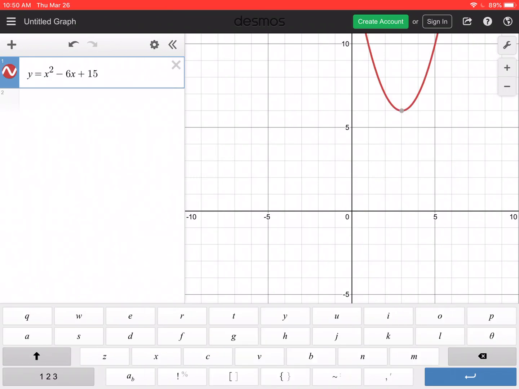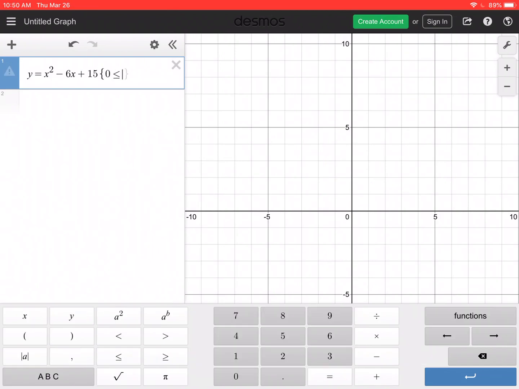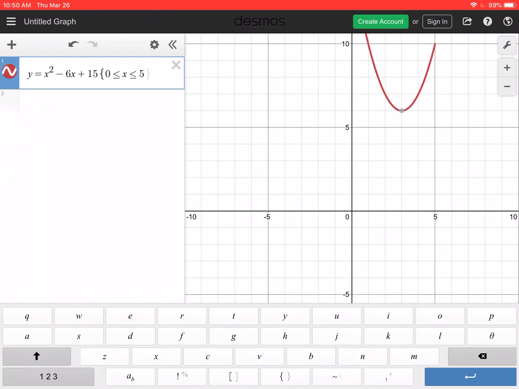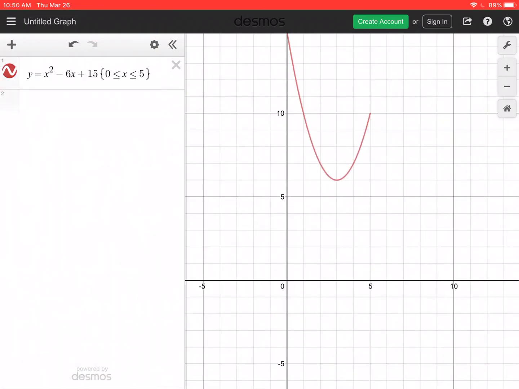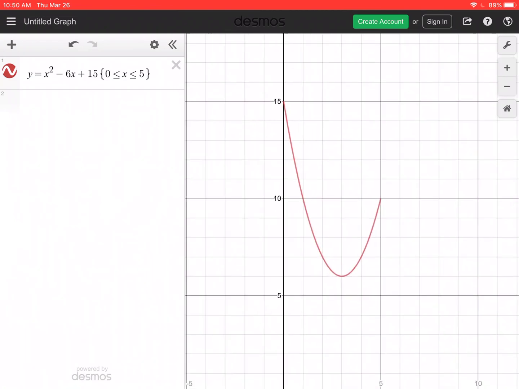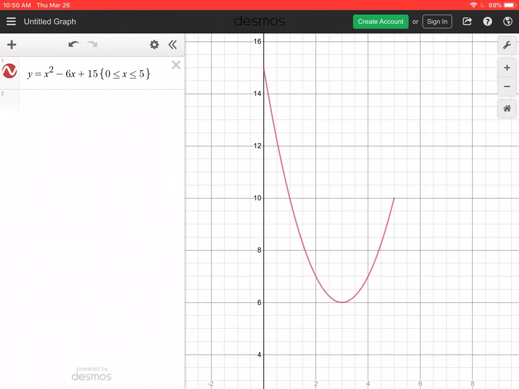Okay, and then we want to only be from 0 to 5, so I'm going to go ahead and restrict that. There we go. So there's our function for average cost on the interval from 0 to 5.